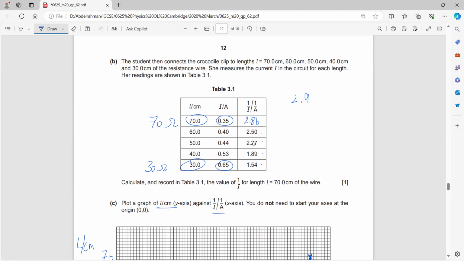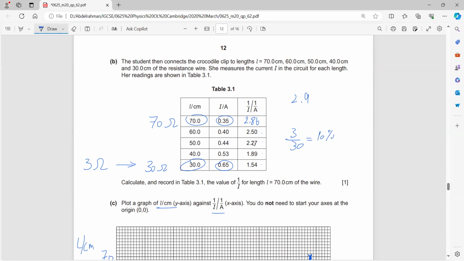Okay, if I say that the ammeter has a resistance of 3 ohms, then the percentage of error it would create for the 30 would be 3 over 30, which is around 10% error.